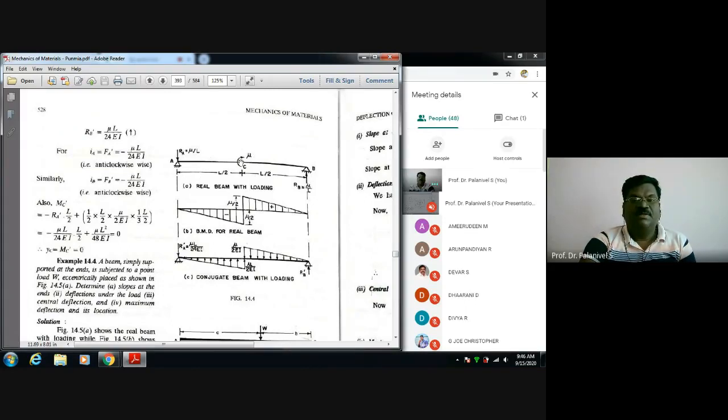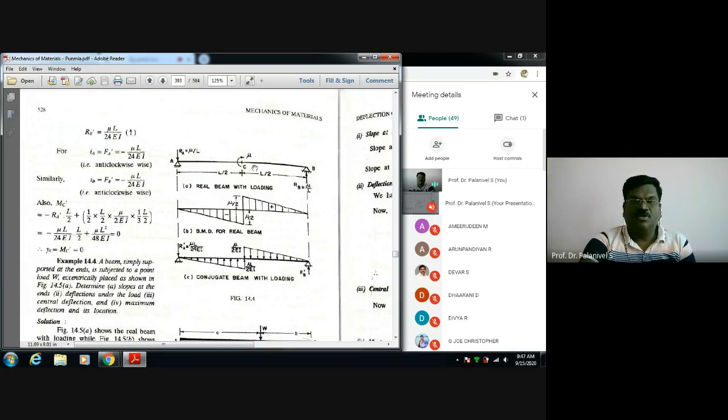How do you get this? If you take moment about A, RB into L is anti-clockwise moment about A, minus this clockwise moment M, is equal to 0.